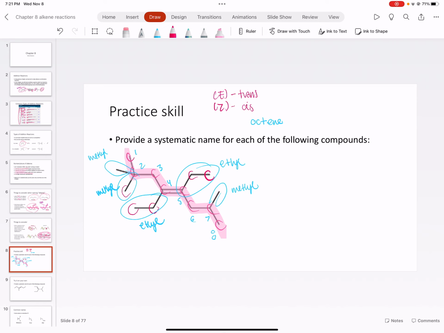I don't know why, but I feel more comfortable assigning trans and cis rather than E or Z. It is kind of complicated at the beginning, to be honest.